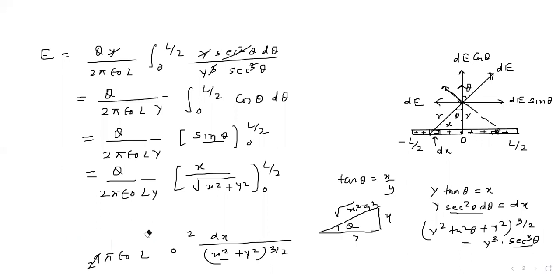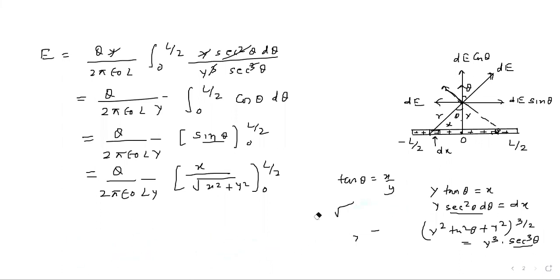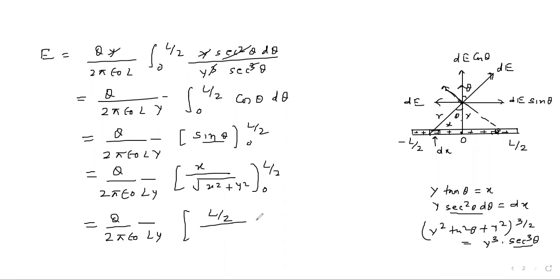Now further we put the values. So we put the limit. So it will become q upon 2 pi epsilon naught Ly, and then this will become L by 2, and here this will become root of L square by 4 inside the root plus y square.